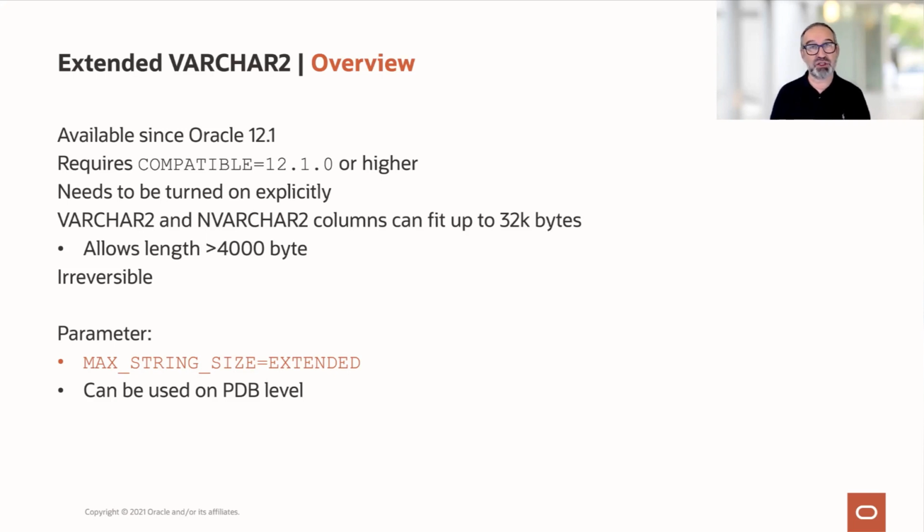And when you change it to extended, you can enable that feature. But only changing the parameter is not the way to enable that feature. Very important, if you use multi-tenant, which a lot of you do already, you can enable this on a PDB level, which is, I think, very important to know, because enabling that feature requires a restart in upgrade mode.